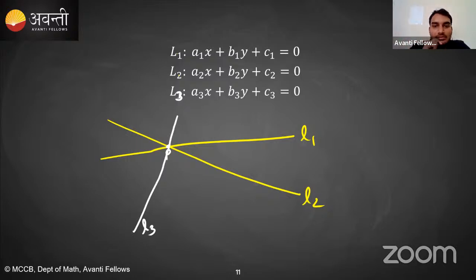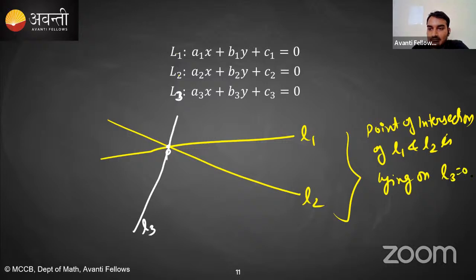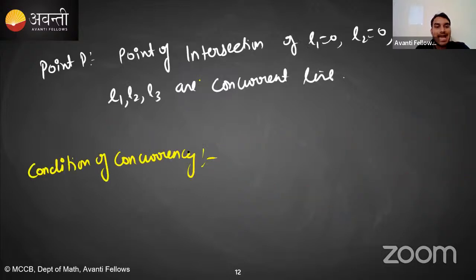So the point of intersection of L1 and L2 is lying on L3. Simple, right? Solve the two lines, you will get some x coordinate and y coordinate. Put that x coordinate and y coordinate in L3. So you will get a condition, and that condition would be the condition of concurrency. So I'm directly writing here.